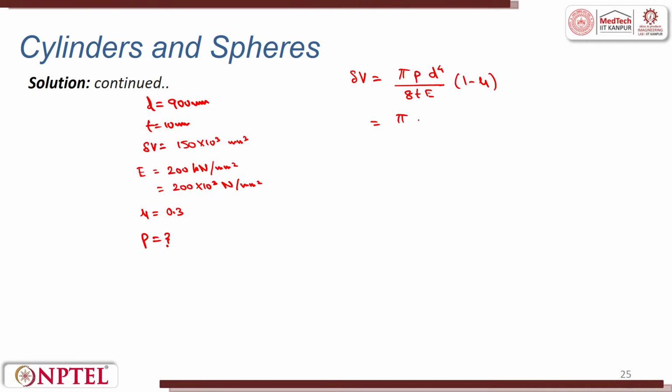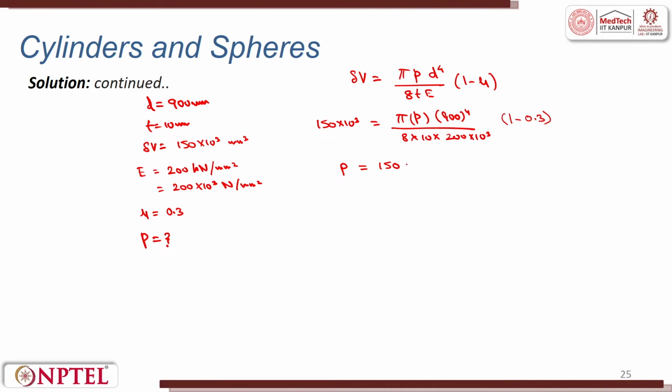This is equal to pi P, D is 900 power 4, then 8 into thickness, that is 10, into value of E, that is 200 into 10 raised to power 3. Delta V value is also known, that is 150 into 10 raised to power 3. This into 1 minus nu, that is 1 minus 0.3. This is Poisson's ratio.